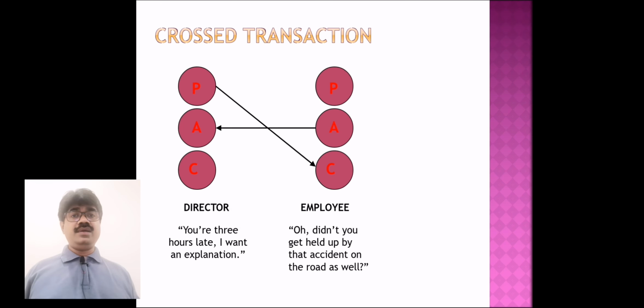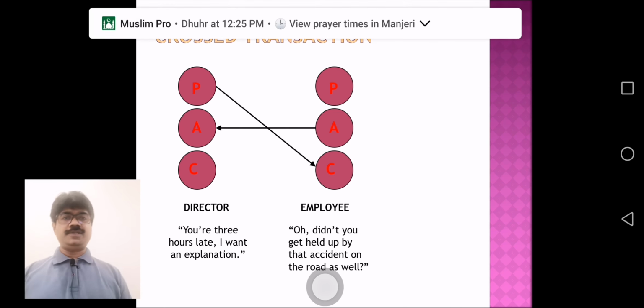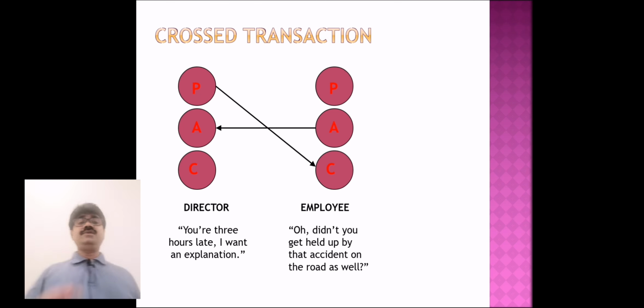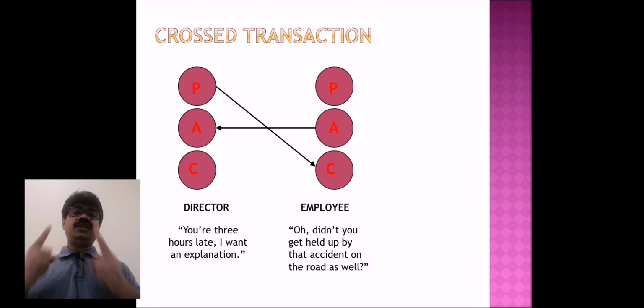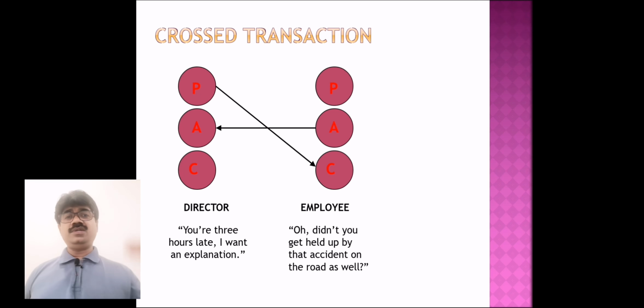The employee has responded in an adult ego to the boss, the director. You can see there is a cross here. The director wanted to be in a parent state of ego and his employee to be in child, but the employee refused to be in child ego. He has shifted his ego to the adult ego. So there is a cross transaction here, and a chance of conflict.